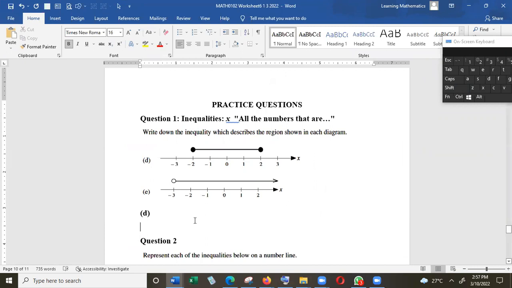So with part D now, when we see part D, what do we say? Okay, so I'm going to write here. When you see this diagram for part D, what do we see?